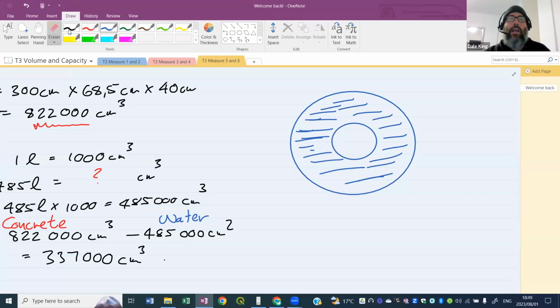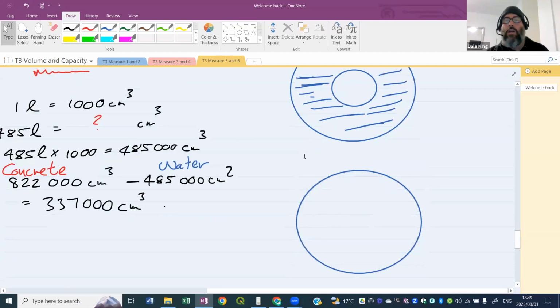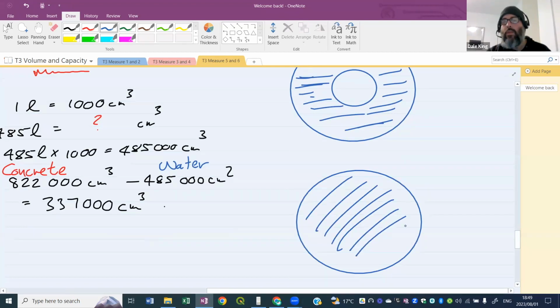Now, if we didn't have a hole, it's a much easier calculation. But because there's a hole here, you've got to do something. You take a cake that was whole, like this one, work out its volume, and then you work out the volume of the hole inside.